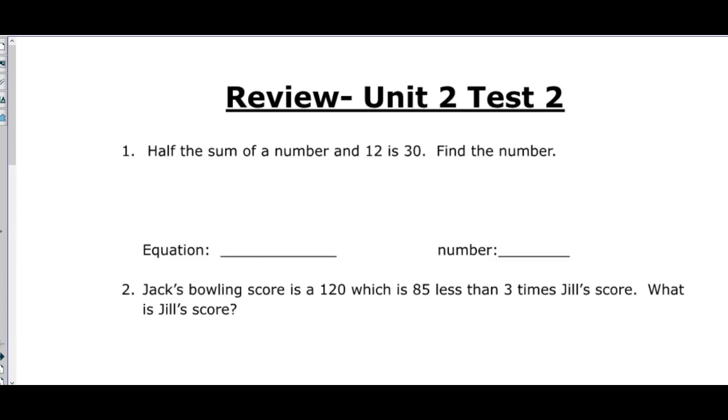We're going to start with number 1, half the sum of. I know half is going to be multiplying by a half or dividing by 2, same thing. The sum of, that's going to be adding together a number and 12 is 30.